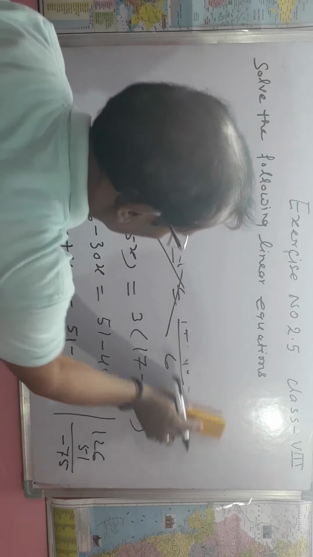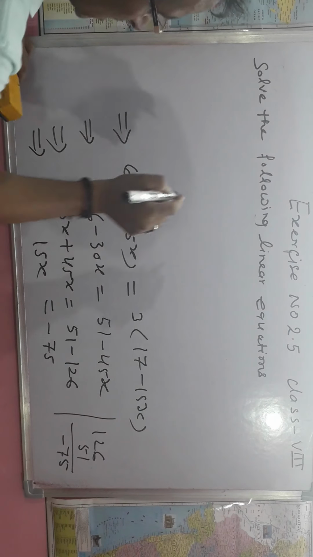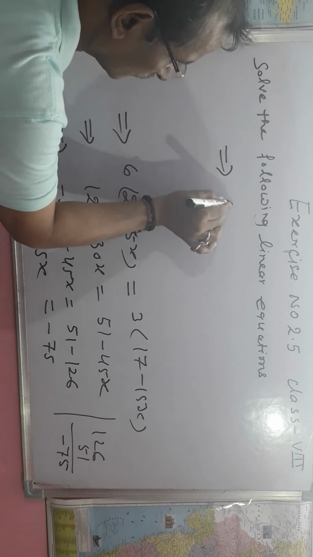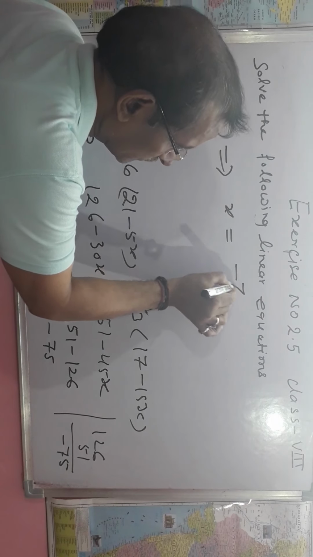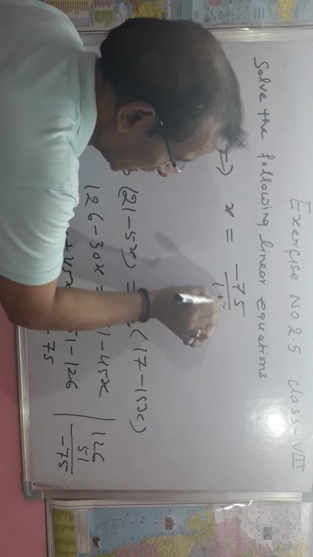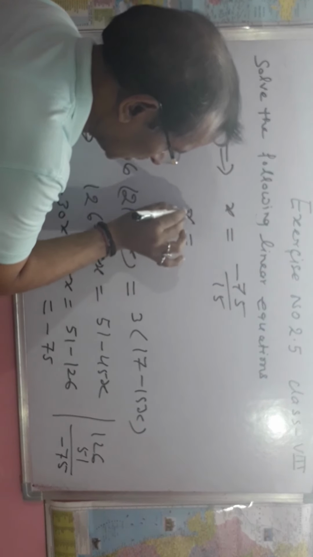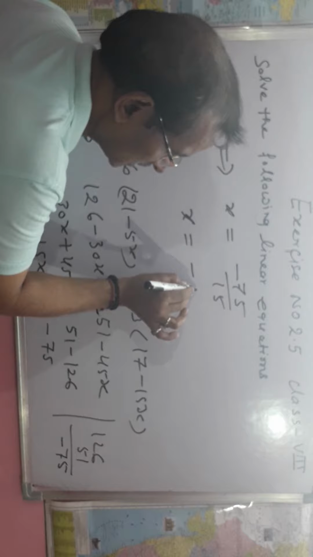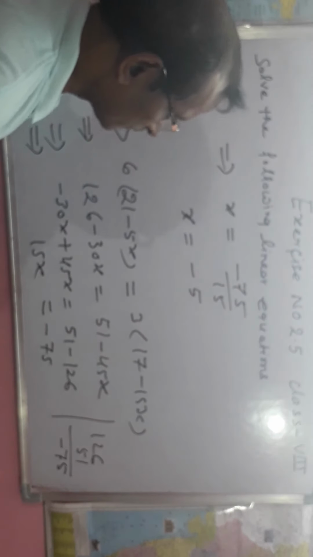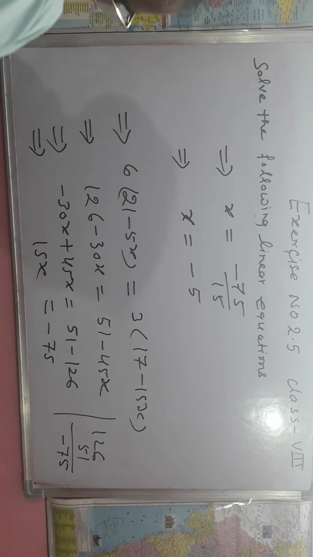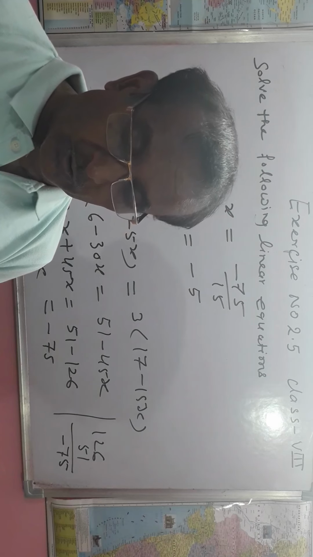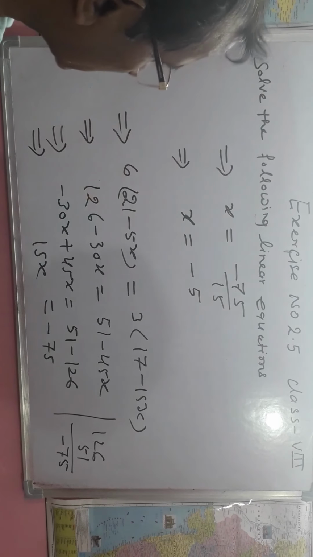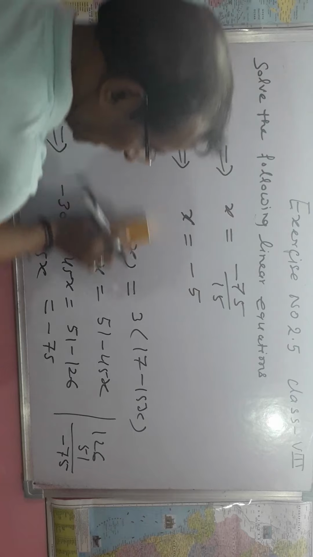Hence x is equal to minus 75 upon 15, then x is equal to minus 5. Hence we can solve these sums like this, and I want to take another question, the 6th question of this exercise.